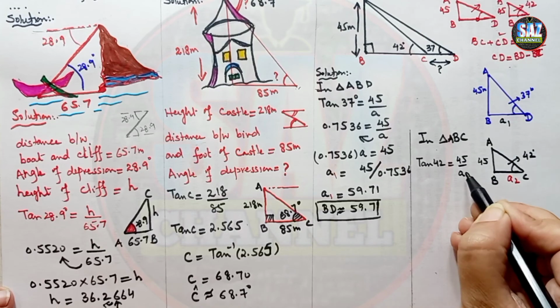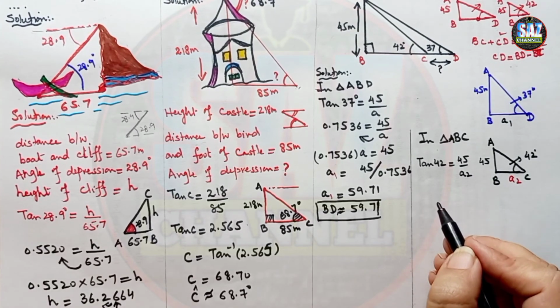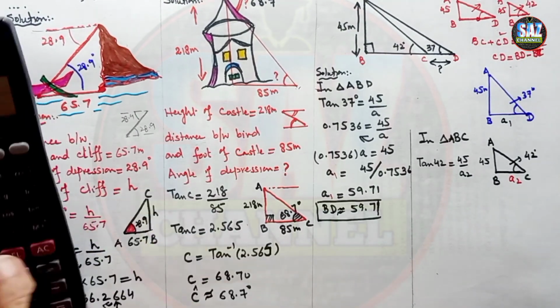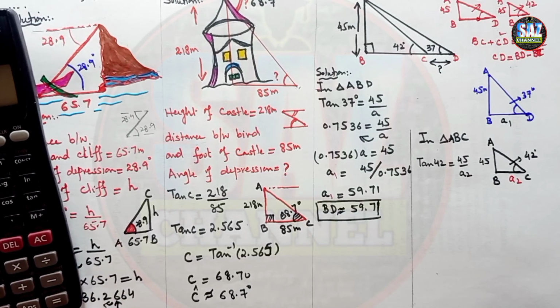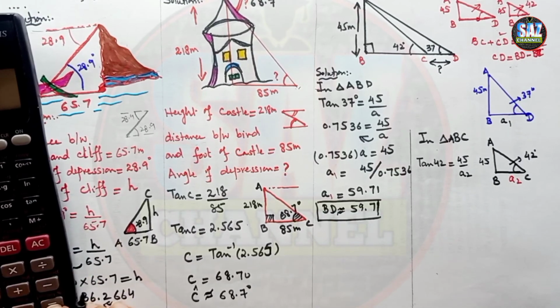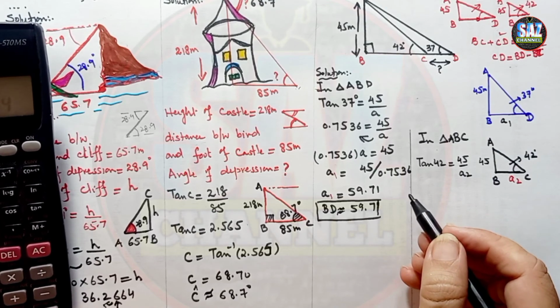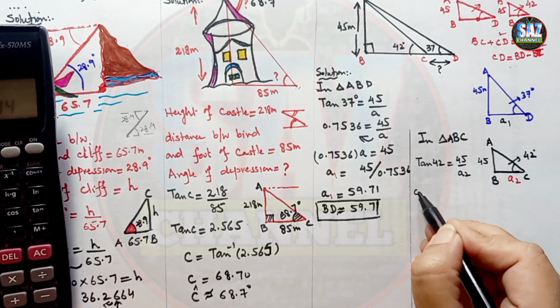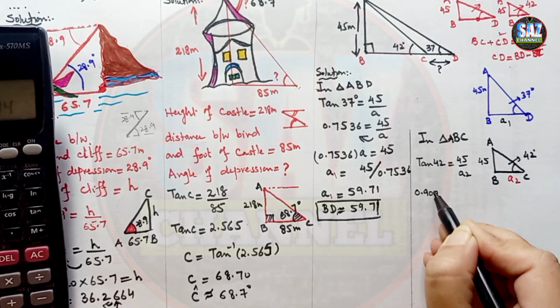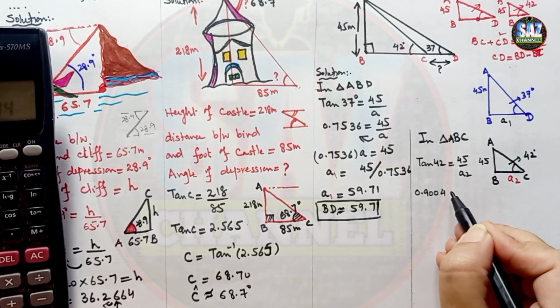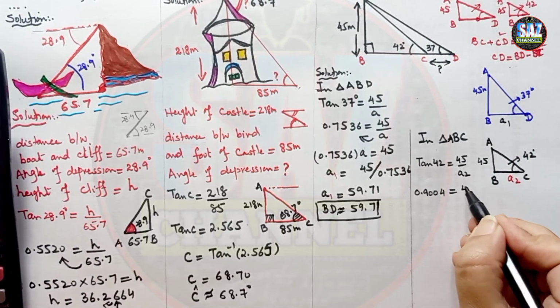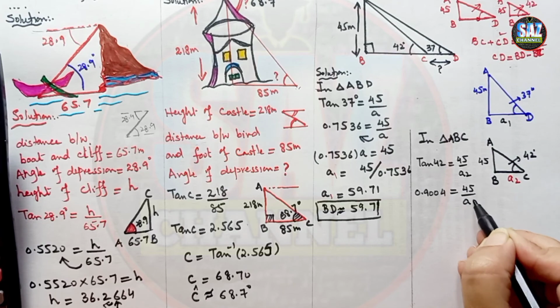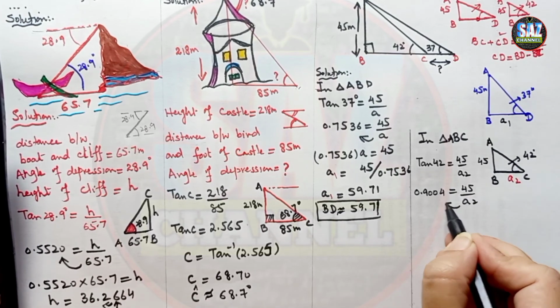Now I have to check the value of tangent 42. It is 0.9004, so 0.9004 equals 45 upon A2.